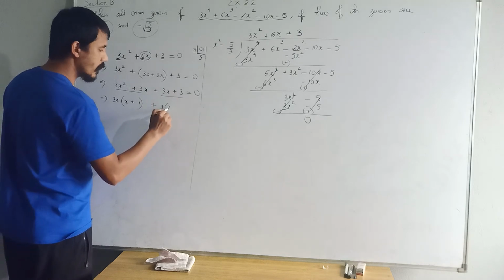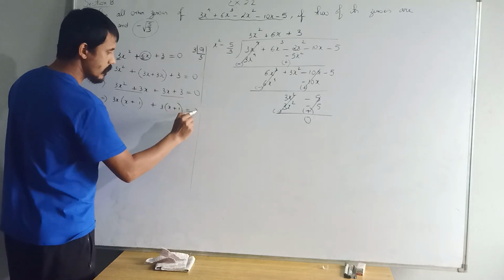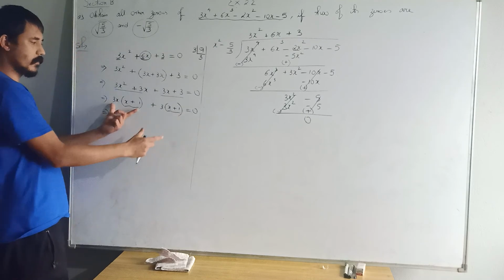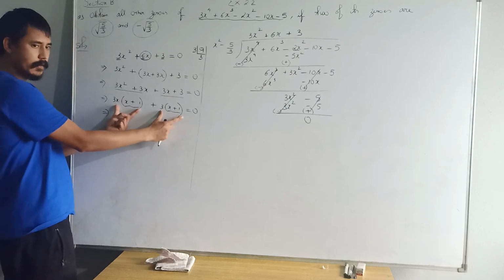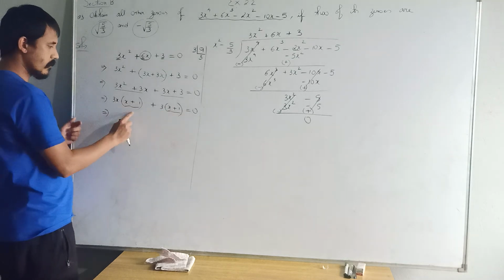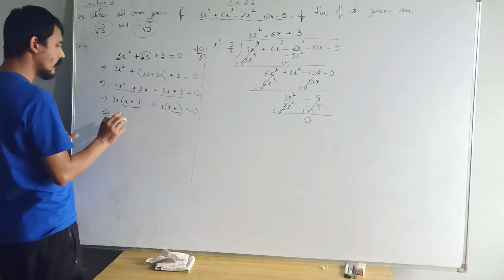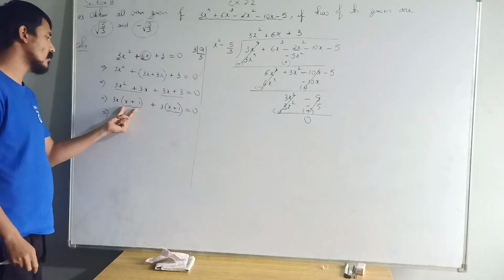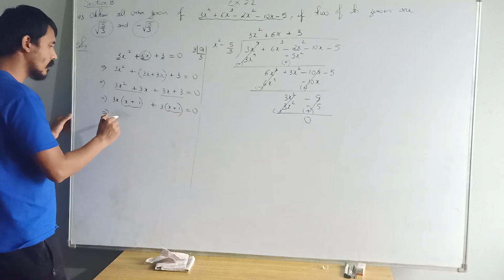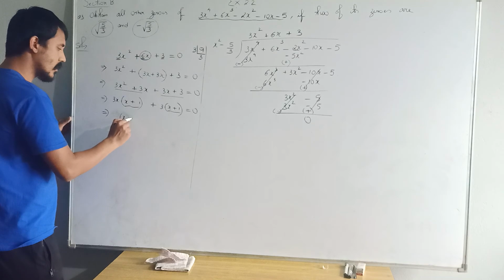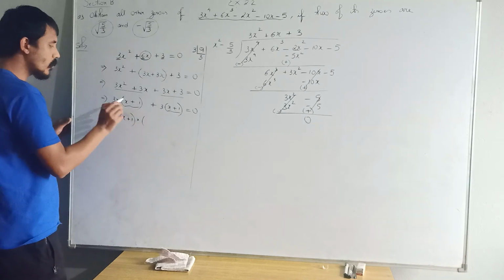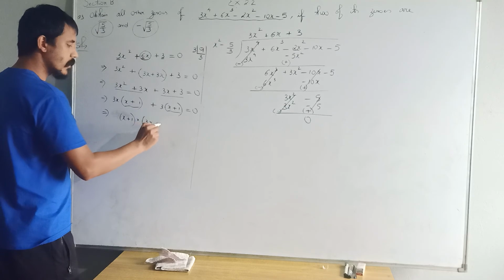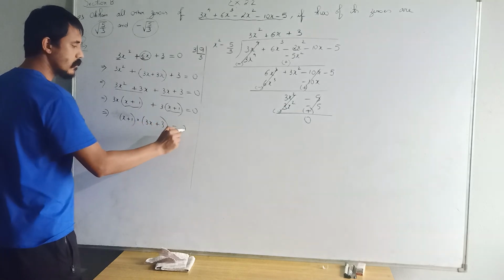Then we have x plus 1, right? So here x plus 1, x plus 1. So from these two terms again, what can we take common? Yeah, x plus 1. Okay, we can take 3 common, but we can do like this. This is also x plus 1, this is also x plus 1. We write only x plus 1, right? Times, what will be the remaining term? 3x plus 3 equal to 0.